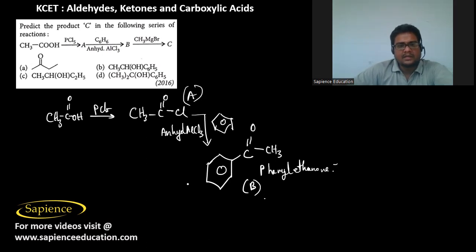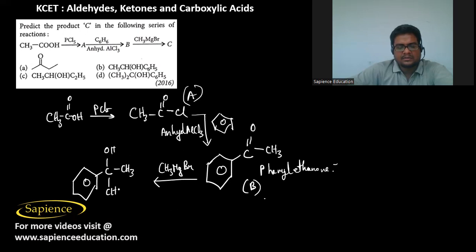And then this compound B reacts with CH3MgBr, which is a Grignard reagent. Then it will form C(OH)(CH3)(CH3) with the phenyl, which is the compound C. So here we have to predict the product C in the following reactions.